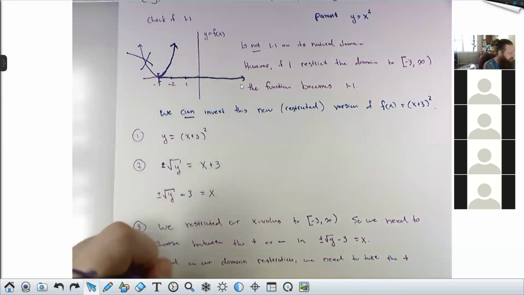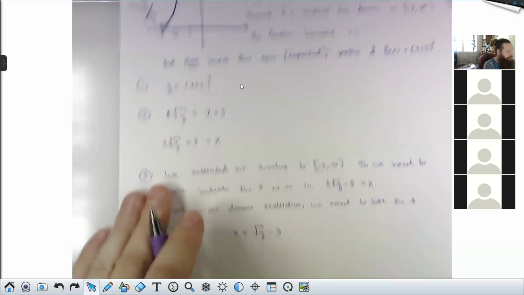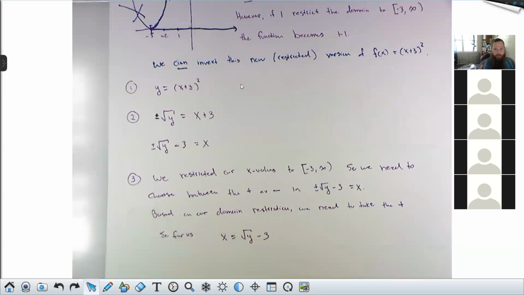So for us, x is equal to the positive square root of y minus 3. Right? So this is a step where there really is a bit of thinking involved. You have to make a decision at the start. When you choose to restrict your domain, I could have chosen either one of these, this set or this set. I could have chosen to keep the left half of the parabola, but I chose to keep the right half. We could have chosen either.